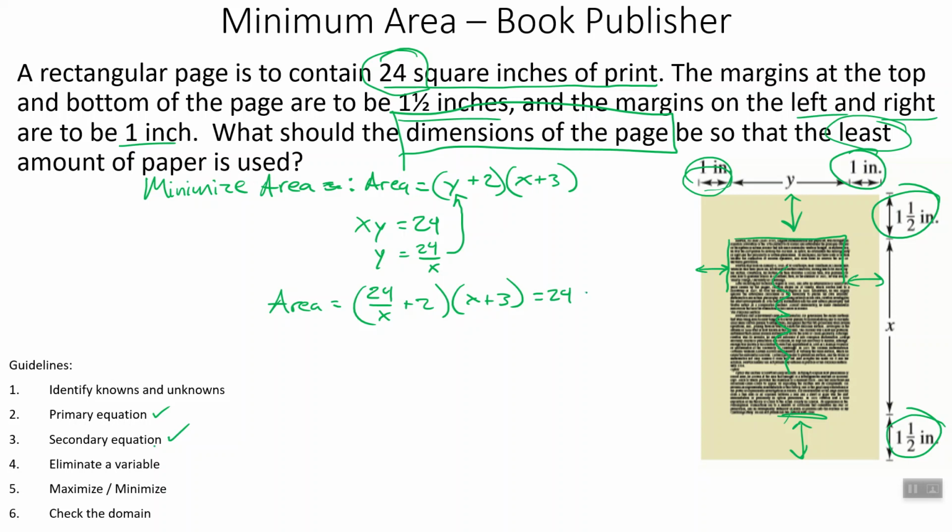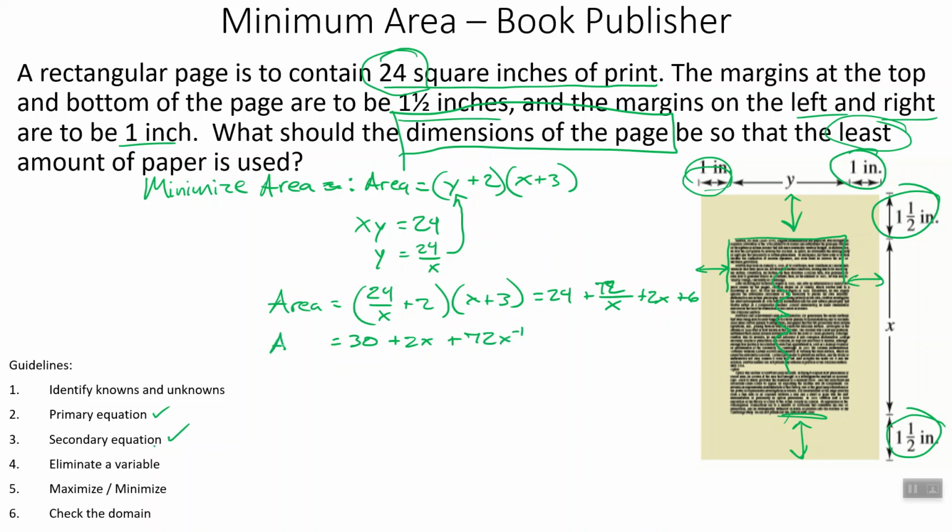Outer, we get 3 times 24 is 72 over x. I think that's right. Then we get a 2x, and 2 times 3 is 6. So we're getting 30 plus 2x plus 72x to the negative 1.